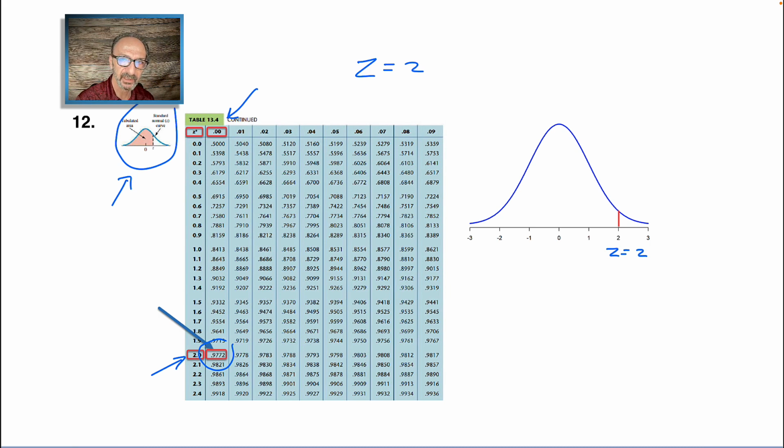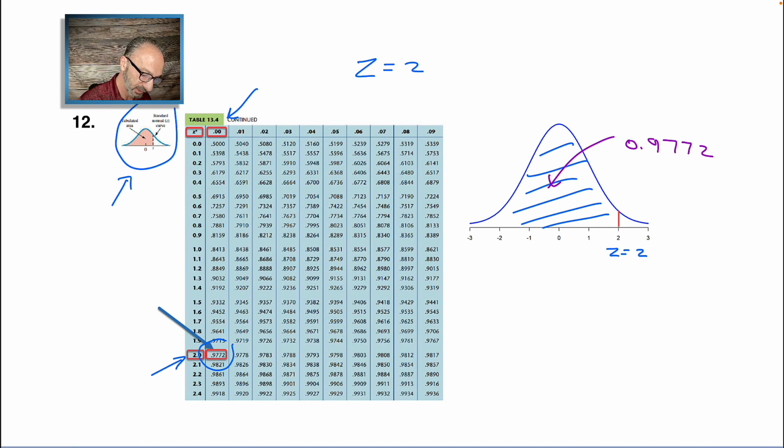So when z equals 0, that's halfway in the middle. The area on the left will be half of 1, which is 0.5. As a percent, we read it as 50%. Well, this right here, as an area, reading it from the table, we could see that this is 0.9772. To read this as a percent, we call it 97.72%.